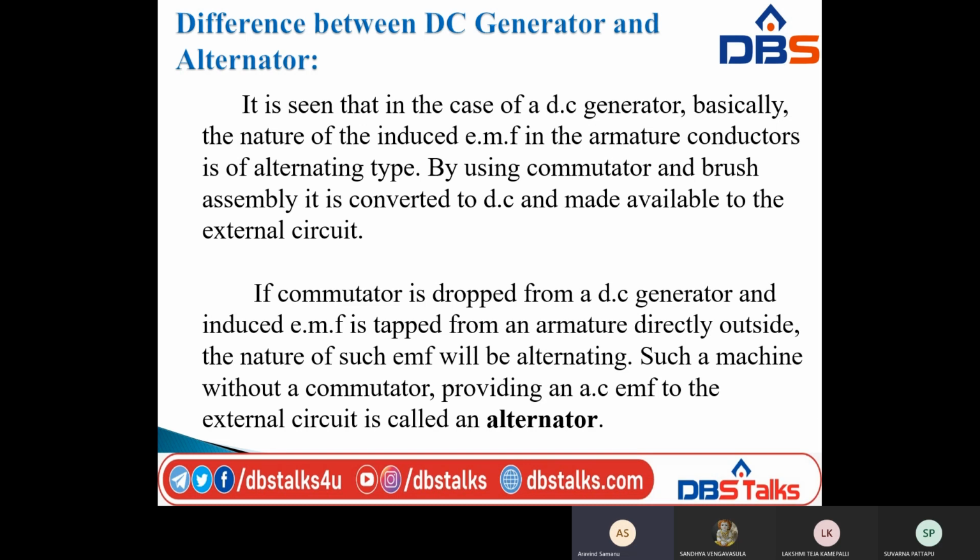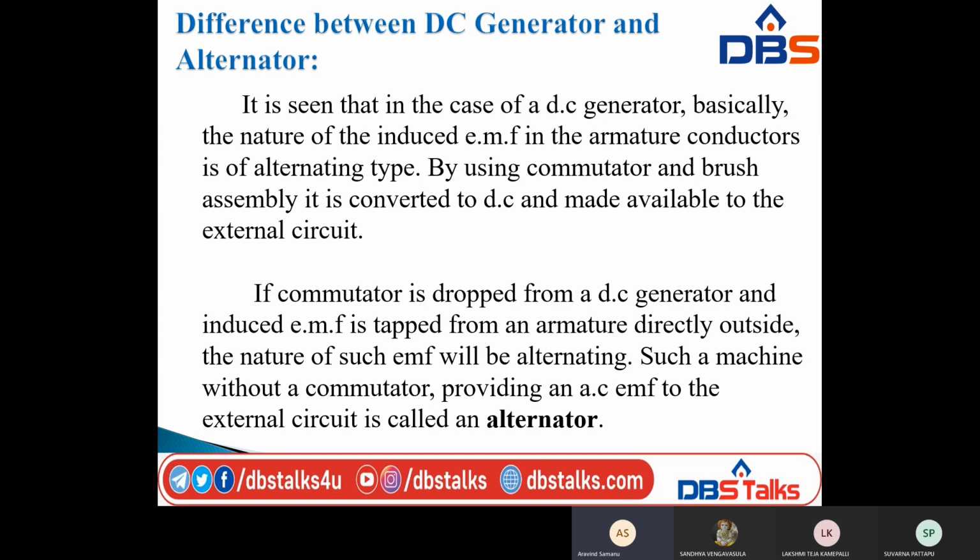If the commutator is dropped from a DC generator and the induced EMF is tapped from the armature directly outside, the nature of such EMF will be alternating. In the DC generator we use a commutator to convert the alternating quantity into a direct quantity, but in the alternator we do not use the commutator component.